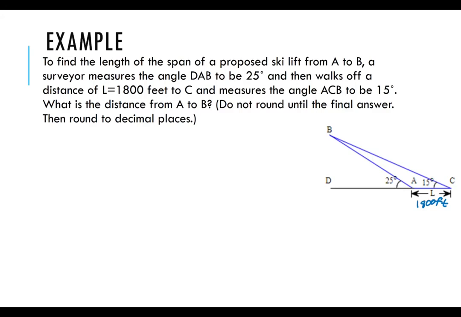Now they ask a specific question. They want to know, what is the distance from A to B? And we don't want to round until the final answer. Alright, so the distance from A to B, this is what we want. This is our goal.